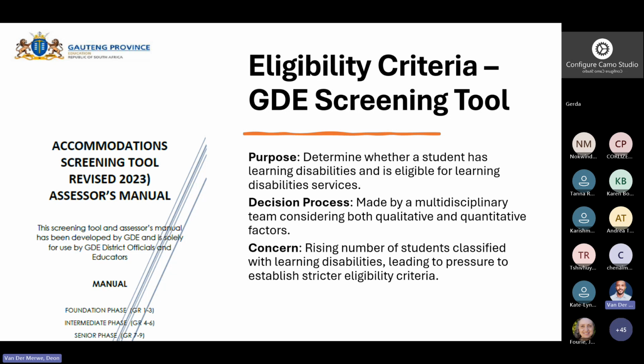I'm sure that by now they have the 2024 revised version. This is just the older version. And you will see here that this tool has been designed to screen foundation phase, intermediate phase, as well as senior phase.